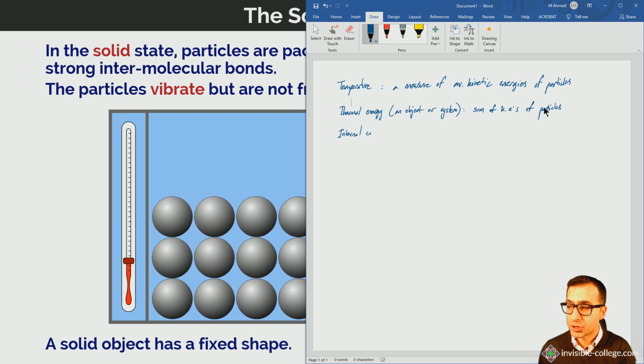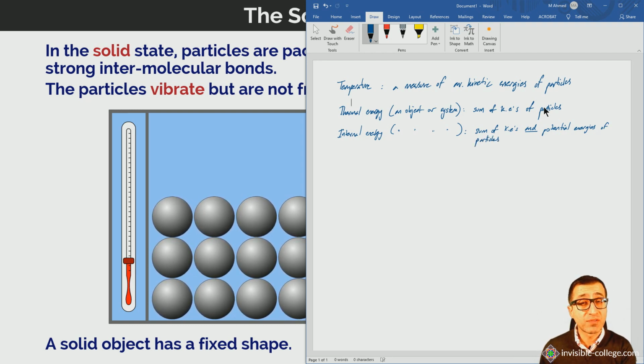Internal energy. So the internal energy, again, refers to the internal energy of an object or a system. Now, the internal energy is the sum of the kinetic energies and potential energies of the particles that make up that system or object.